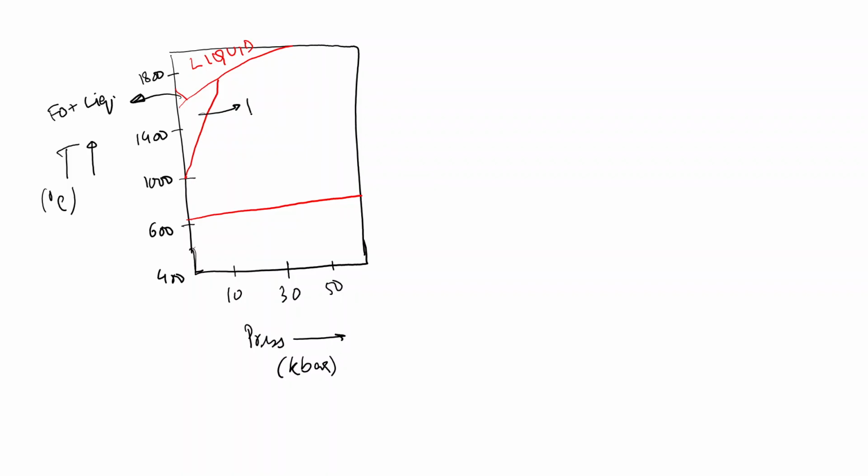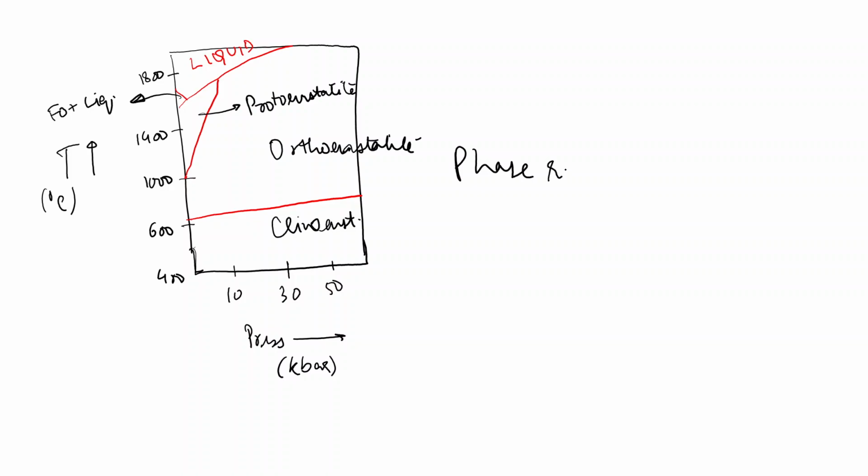This field is protoenstatite. This over here, this whole field, is orthoenstatite, and the lower one at the lowest temperature is clinoenstatite. So this is the phase relations of MgSiO3.